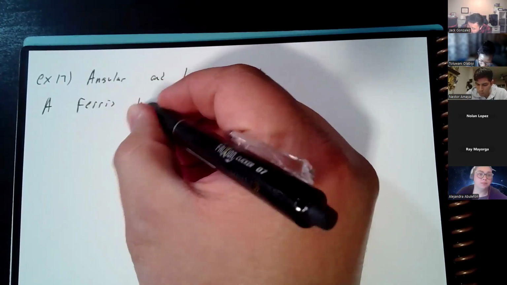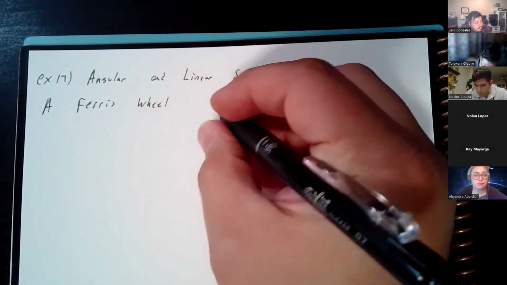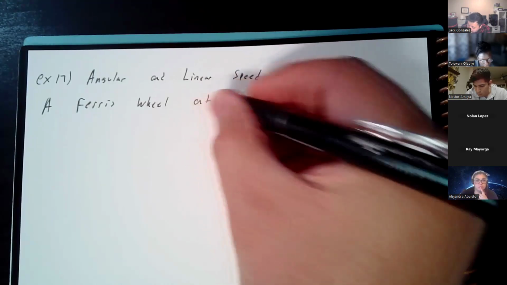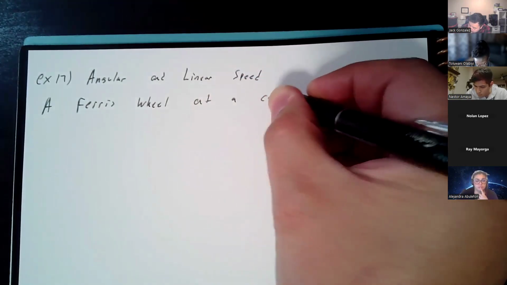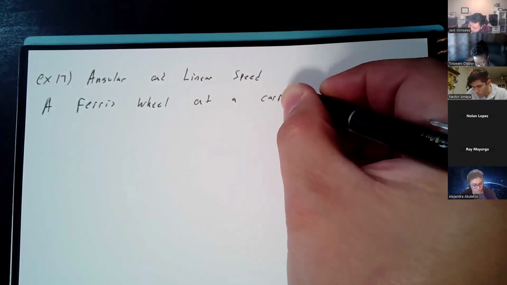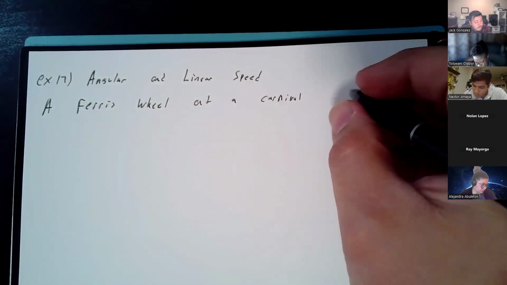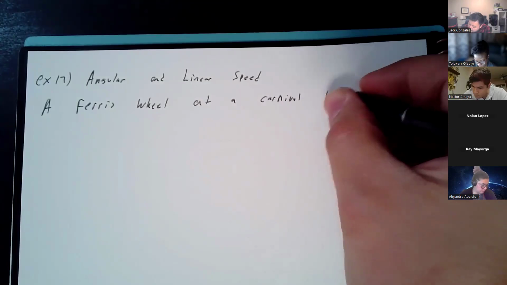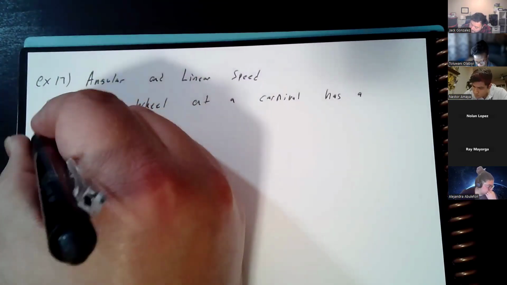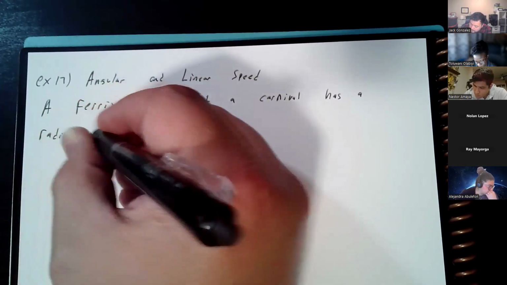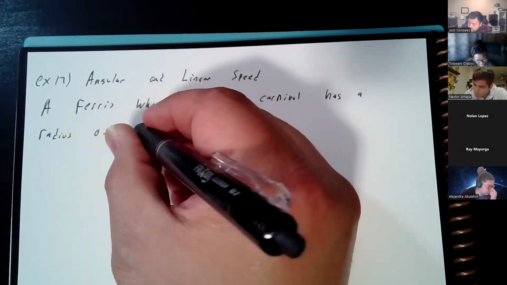A Ferris wheel at a carnival has a radius of 24 feet.